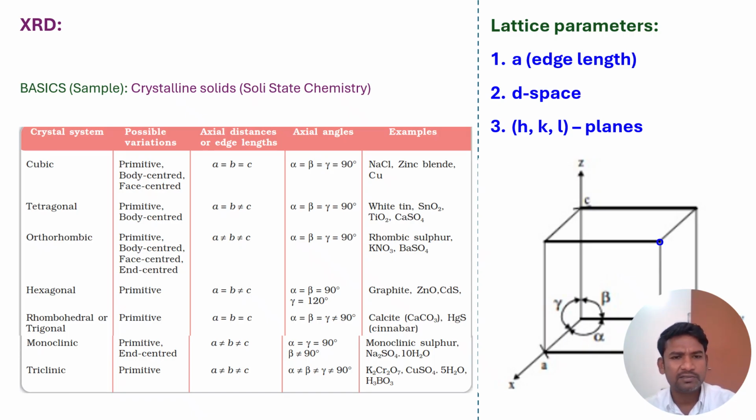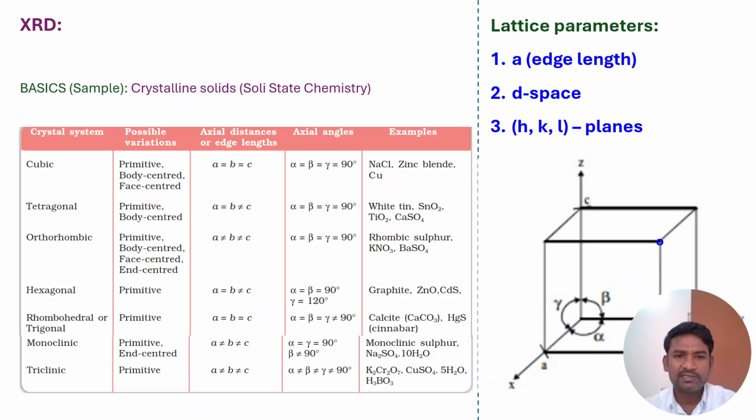Now let us just take one more example and try to understand. Say for example, let us take orthorhombic. If the solid structure belongs to the orthorhombic, then these are the possible variations available, namely primitive, body centered, face centered, and end centered. Here the interesting thing is the edge lengths are not equal.